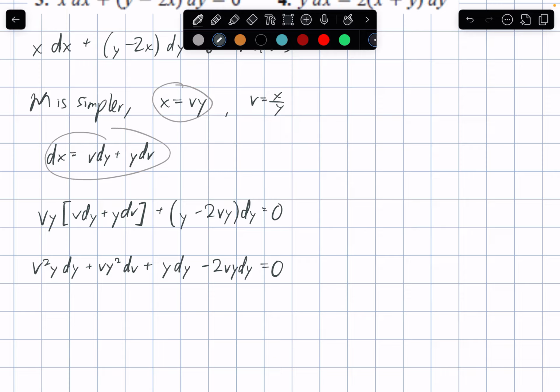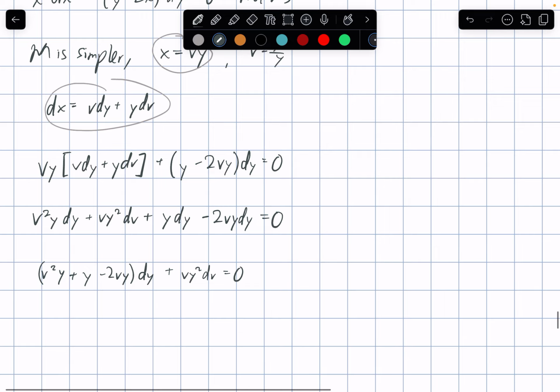So looking, we cannot simplify anything yet. v squared y plus y minus 2vy. Okay, so we're done segregating.